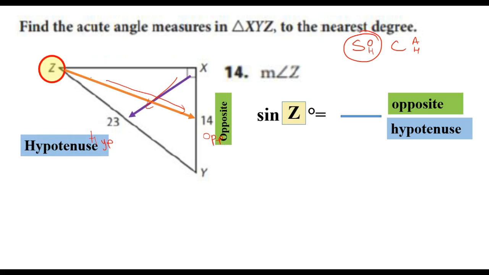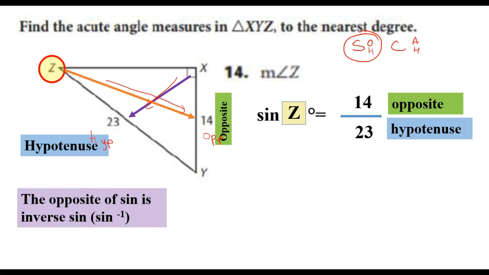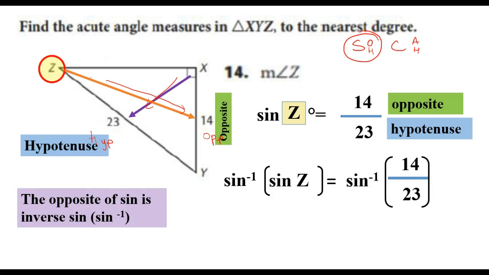Just so you know, the inverse of sine, if I want to take the opposite of sine, is sine inverse. So we'll take that of this side and this side. And again, if you need some help figuring out how to find inverse sine on your calculator, ask. We will help. All right, again, we can leave it like that. We can also round it to the nearest degree, just like the directions say, which would be about 37 degrees. Okay?